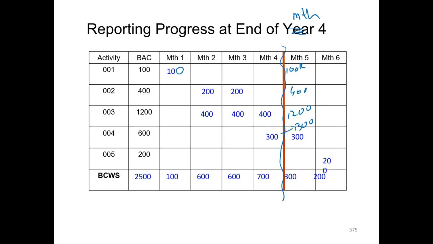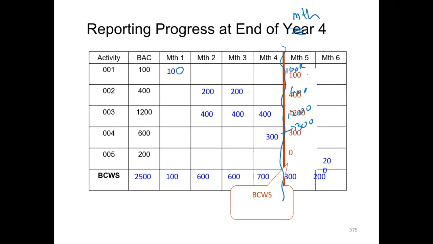So this is our reporting period, and we should have spent 100, 400, 1200 and 300, and we should not have spent any money on activity 5 because all the spend is going to take place in month 6. So we are reporting at end of month 4. So this is how we calculate the budgeted cost of work schedule.